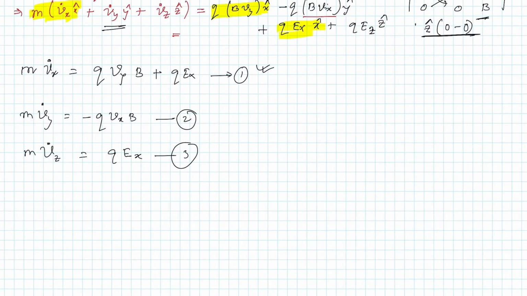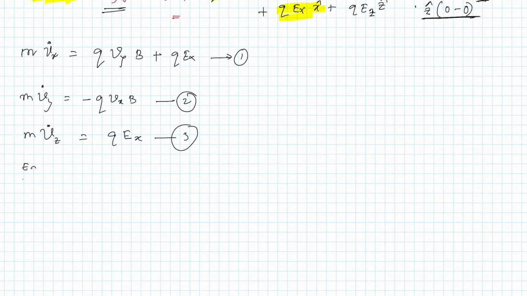So this is what we have got. Now equation number 3 implies Vz dot is equal to Q by m Ex. Sorry, not Ex, that should be Ez. This component should be Ez.